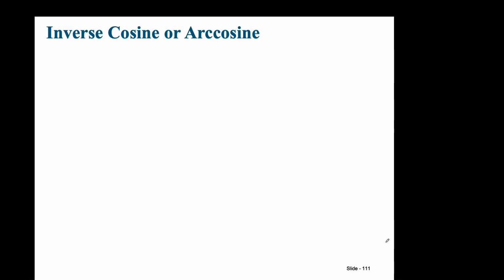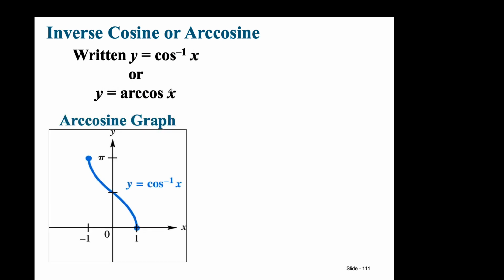All right, let's talk about inverse cosine, or arc cosine, written as y equals inverse cosine of x or y equals arc cosine of x. This graph comes from the reflection in the line y equals x.